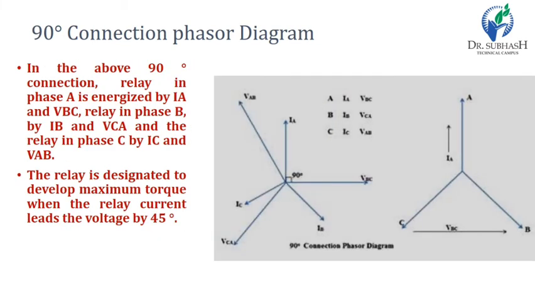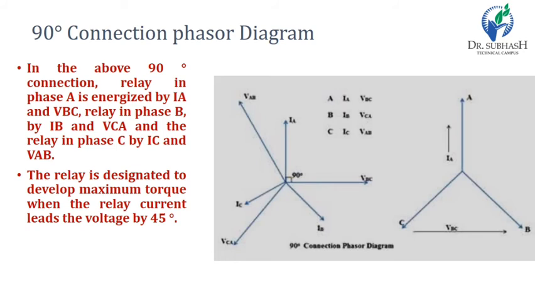In the 90-degree connection, the relay in phase A is energized by IA and VBC, the relay in phase B by IB and VCA, and the relay in phase C by IC and VAB.